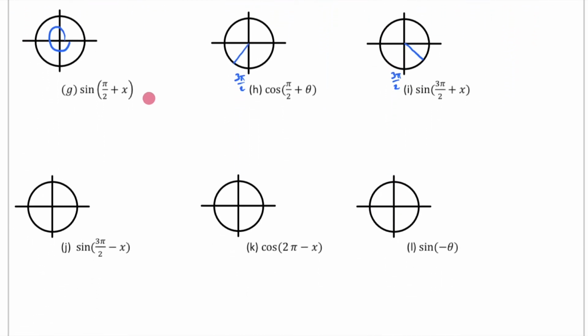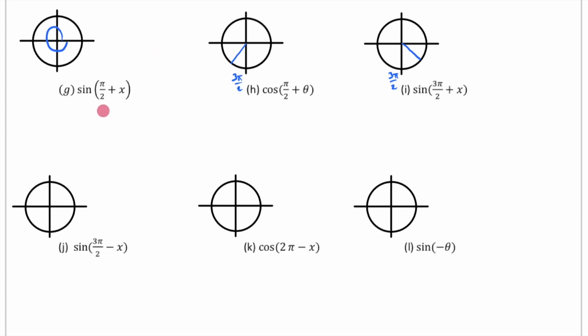Next, we have this one, sine of pi over 2 plus x. To answer this question, what we're first going to do is figure out which quadrant I'm in. Here is pi over 2 up here. And if I'm going to be plussing an angle, I'm going to be coming to my second quadrant. Is sine positive or negative in my second quadrant? Sine is positive in my second quadrant.